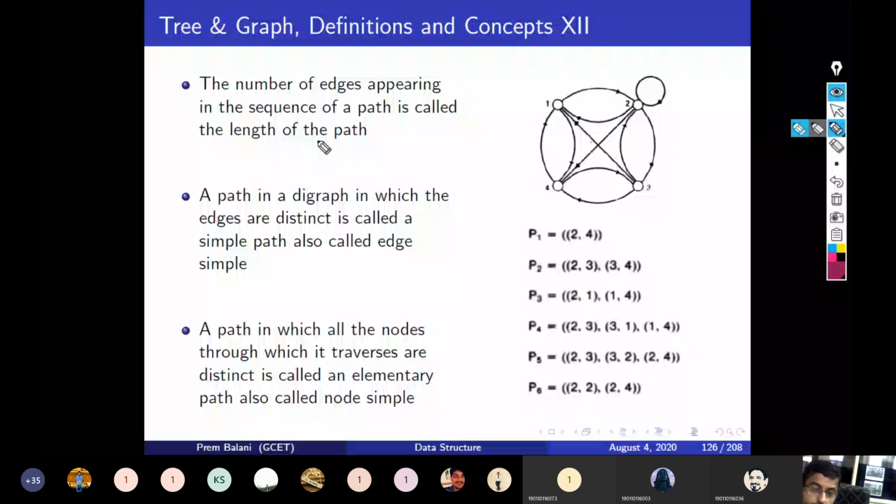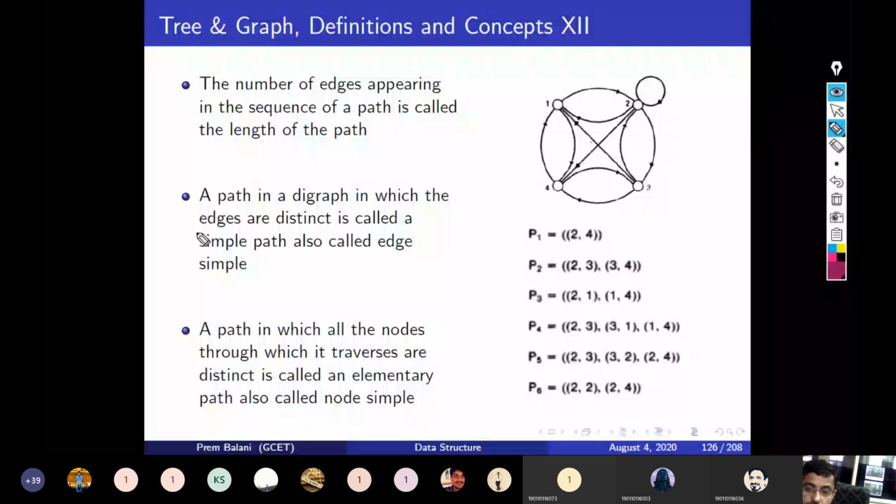The path in the diagram in which the edges are distinct is called the simple path. And the path in which the nodes through which it traverses are distinct is called the elementary path. So from this, how many paths are simple and how many paths are elementary?